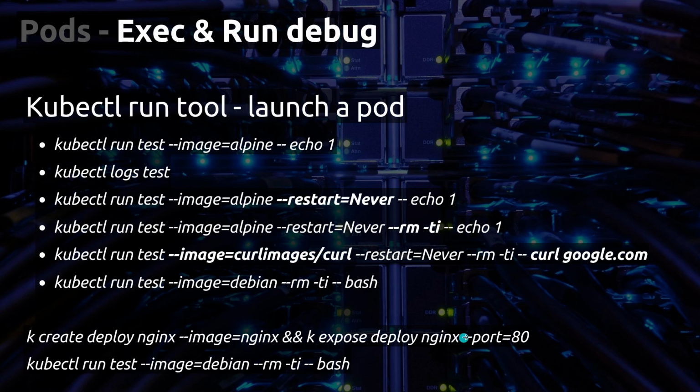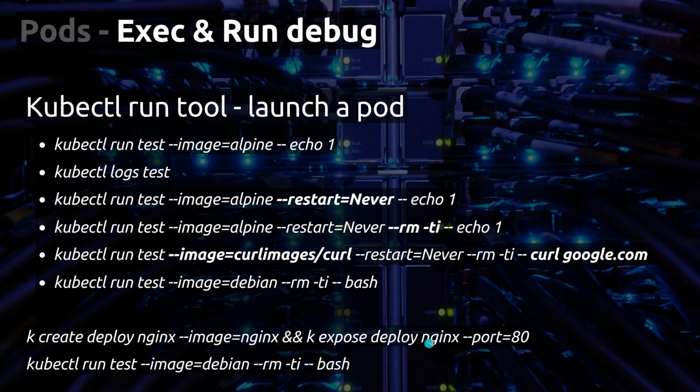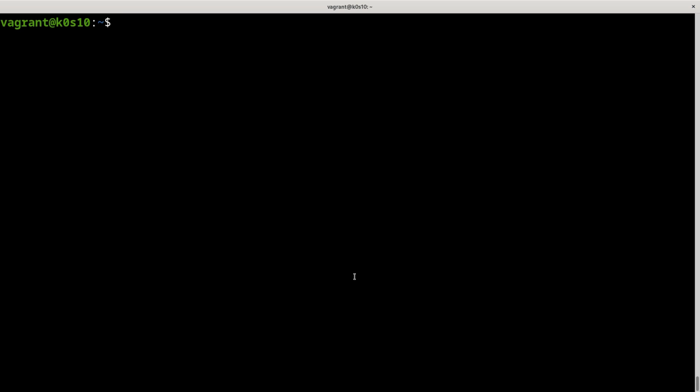We can directly create an expose, so create a service of our nginx deployment with kubectl expose deploy nginx --port to expose the port 80. And how to test it? Usually it's really useful to use this kind of stuff.